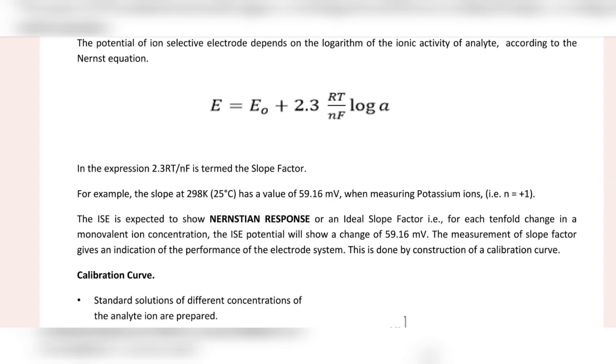Suppose the ion selective electrode is expected to show a Nernstian response. The Nernstian response is an ideal slope behavior: for each tenfold change in a monovalent ion concentration, the ISE potential will show a change of 59.16 millivolt. If any potentiometric sensor follows a Nernstian response, this will be the behavior of its potential.